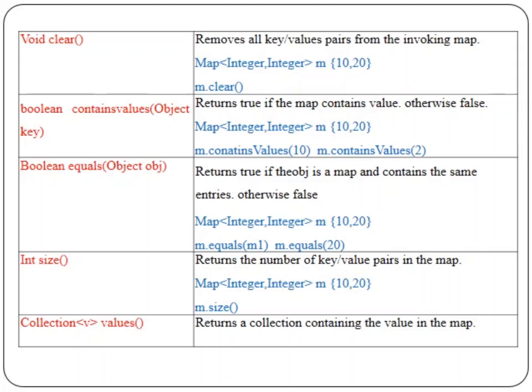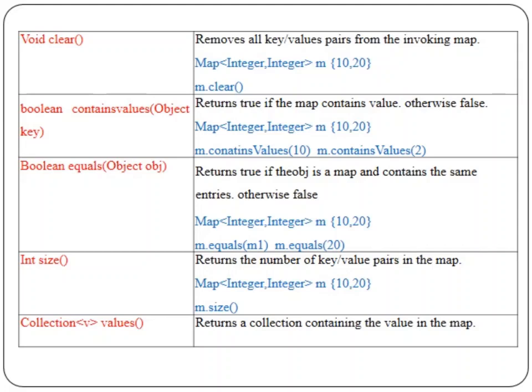Again, we are checking 2 in the map interface. Is 2 contained in the map interface? Here, no, there is no value 2 available in the map interface. So the method is going to return false. So the job of containsValue is to check whether the value is available or not. If it is there, it is going to return true. Otherwise, it is going to return false.